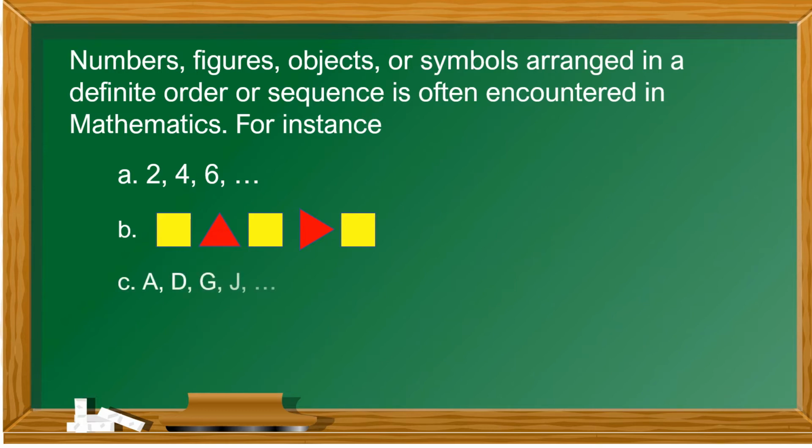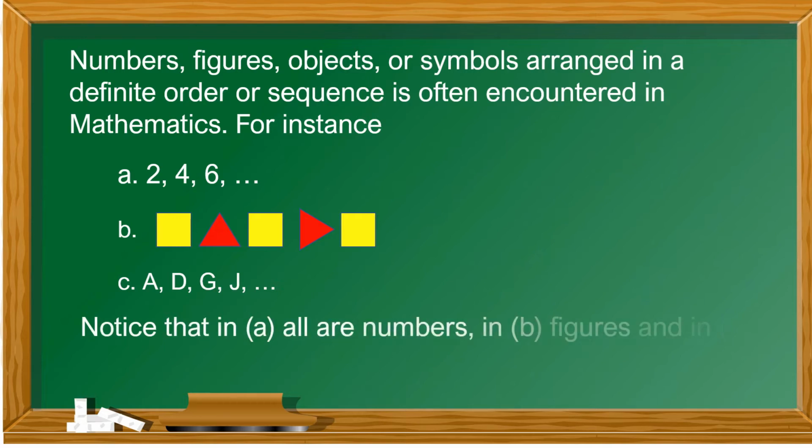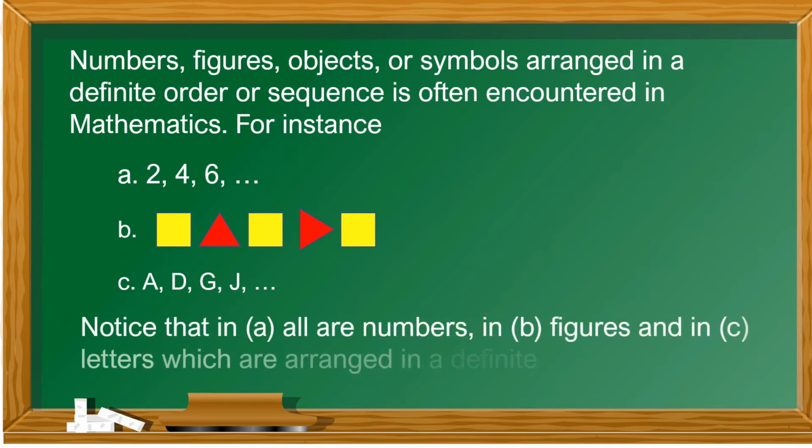Letter C: A, D, G, and J. Notice that in letter A, all are numbers. In letter B, figures. And in letter C, letters, which are arranged in a definite order.